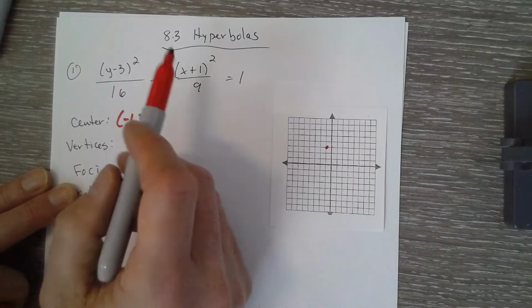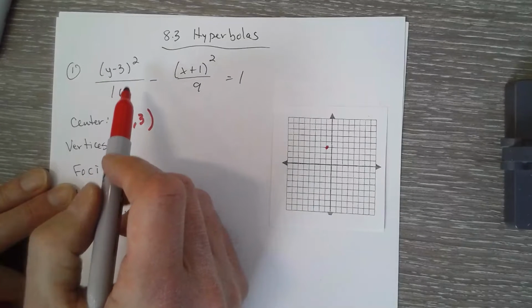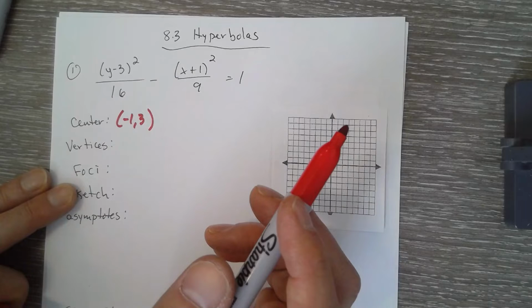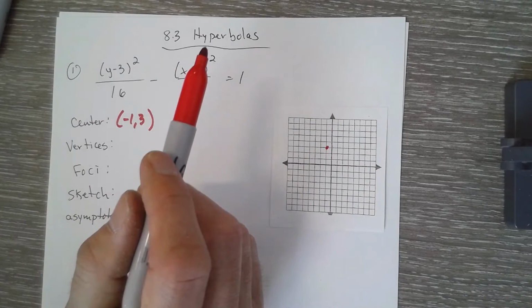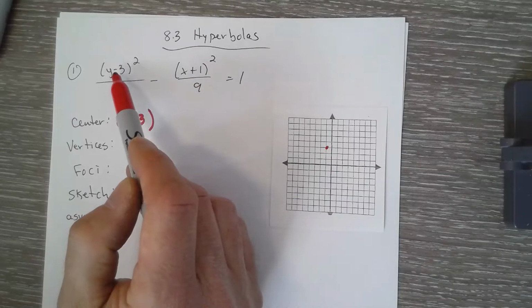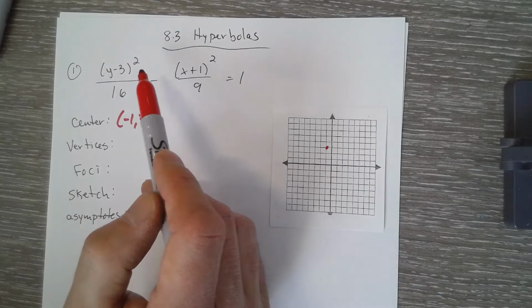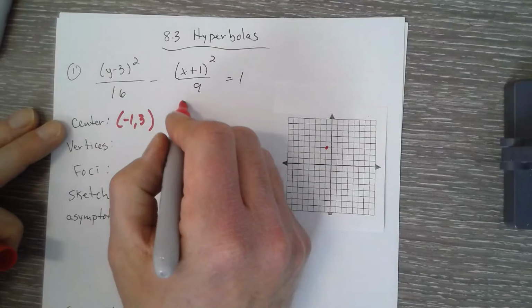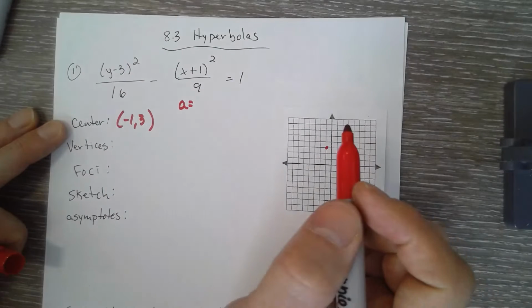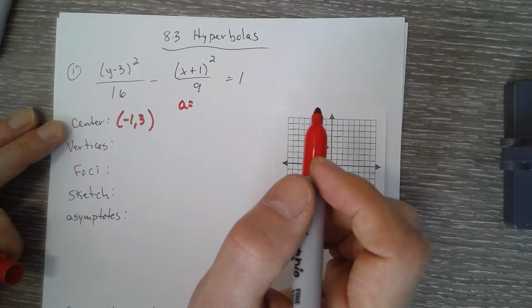So is this an up and down or left and right? And how do we know? It's up and down because y squared is first. Y squared is first, x squared is second, so it's going to go up and down. Okay, so what's my A? Oh, I get it. The y came first. A is 4.